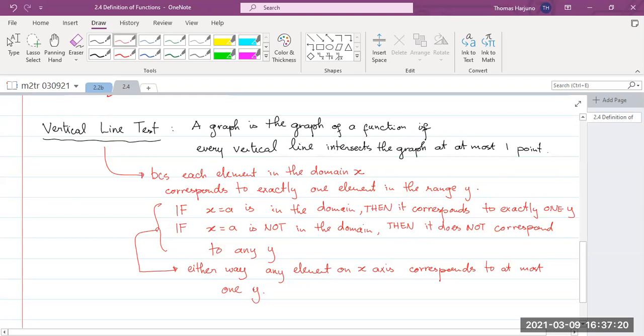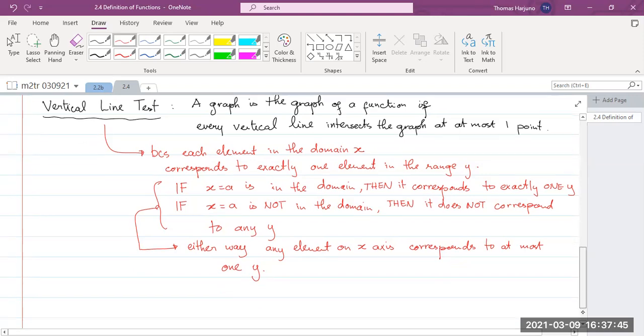Okay, that's how we know that the graph of a relation, the graph that we have, is the graph of a function. Now that's for the vertical line test.